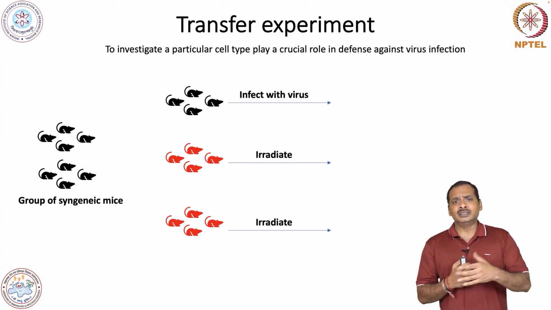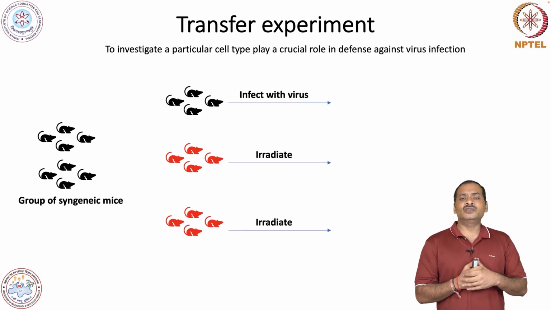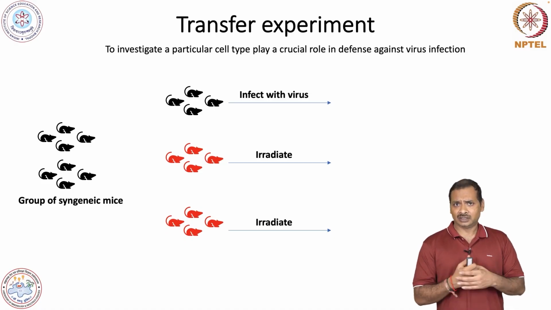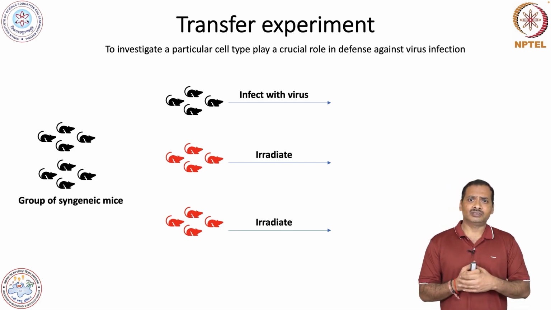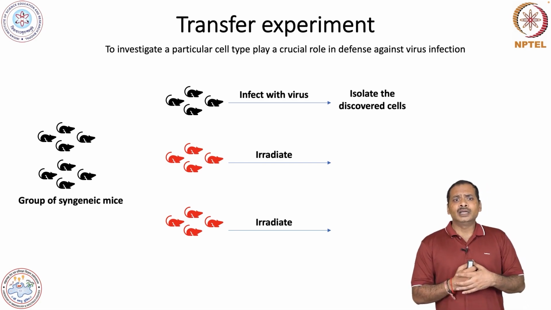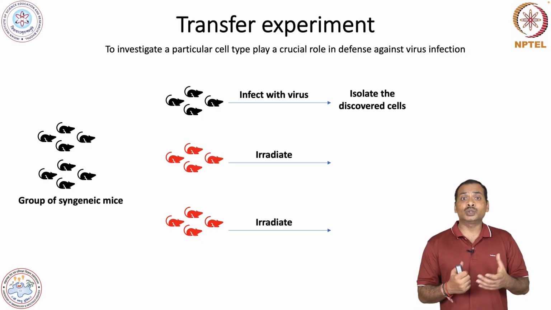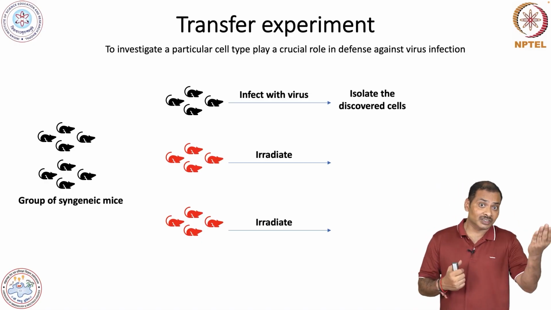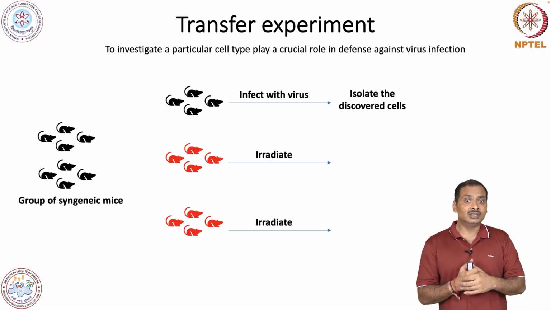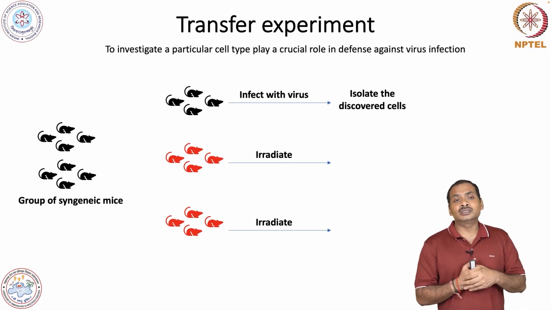In one group you can infect with the virus, and the other 2 groups you can irradiate with X-ray, with 950 rad.